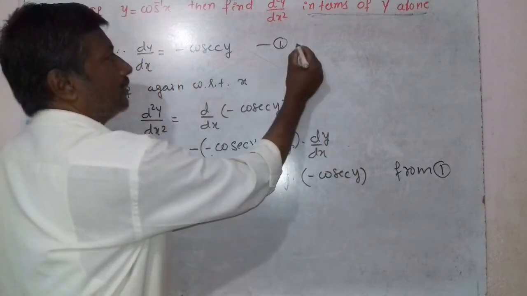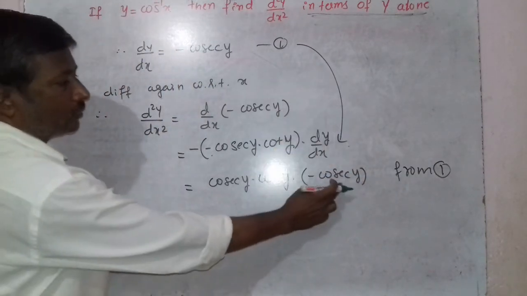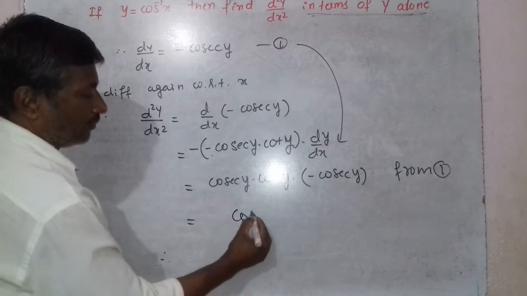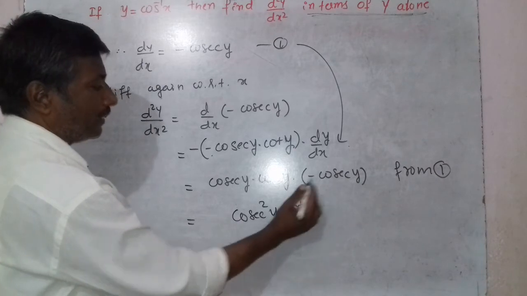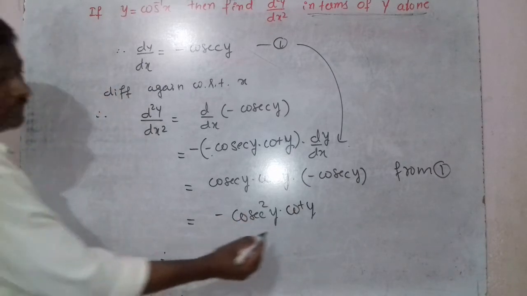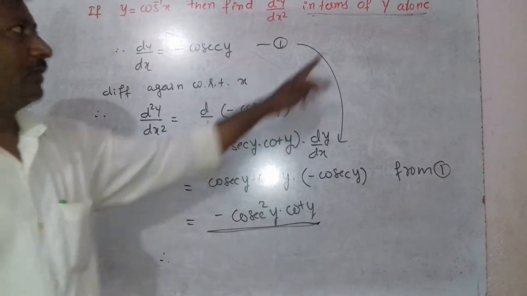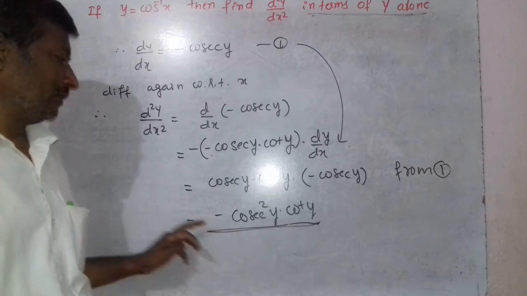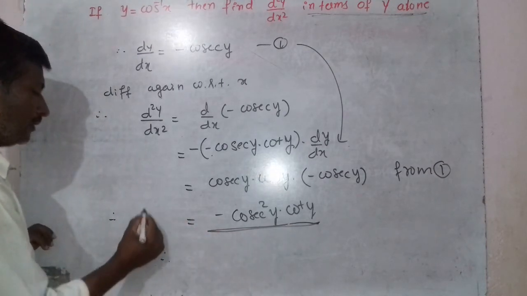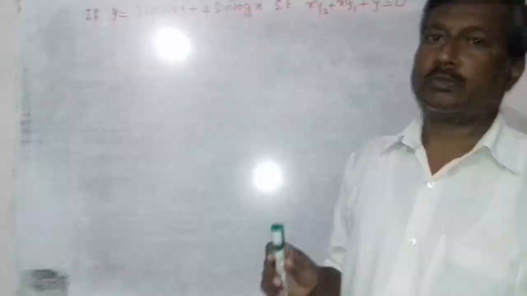So that is this value. This equal to cosec square y into cot y, and this minus sign. So the entire expression is in terms of y alone, as per the requirement. So this is d square y by dx square.